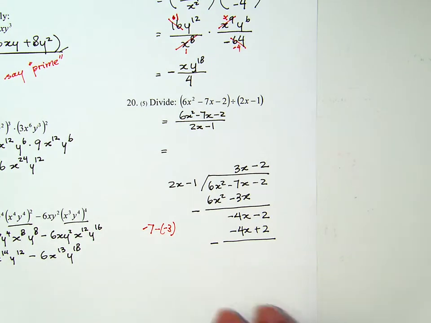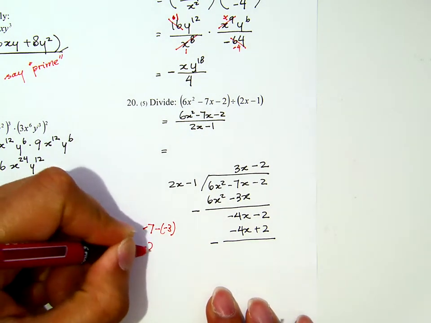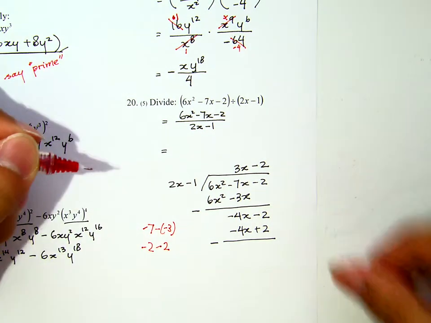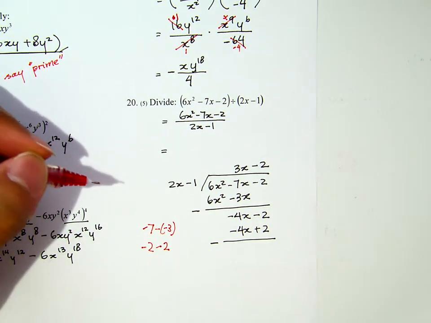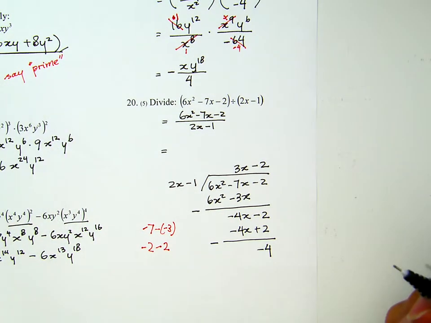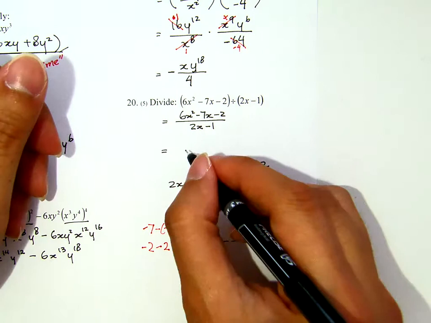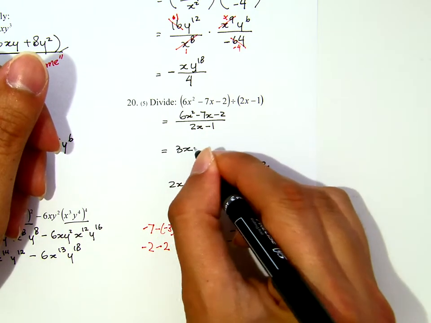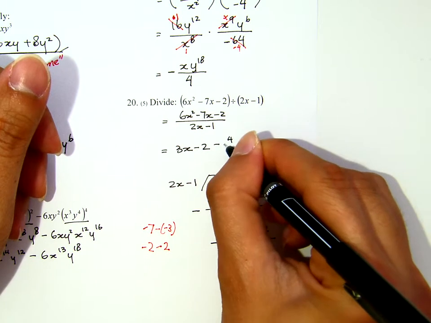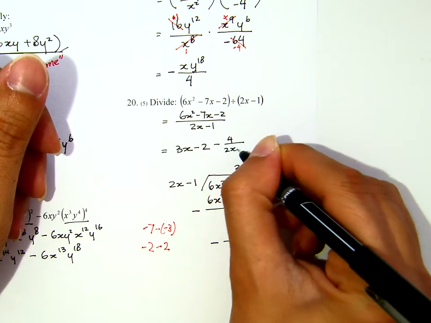So what actually happened is negative 2 minus 2, and that will be negative 4. So the answer will be 3x minus 2 minus 4 over 2x minus 1.